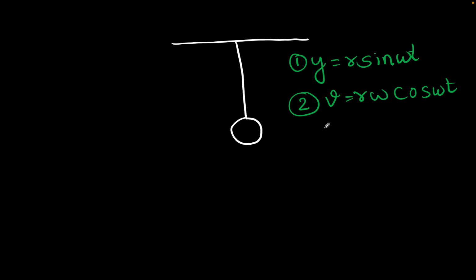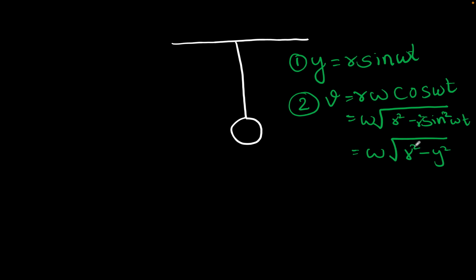We can write this in a different form, that is omega root of r square minus r square sine square omega t, that is again omega root of r square minus y square. And we know that acceleration is minus omega square y.